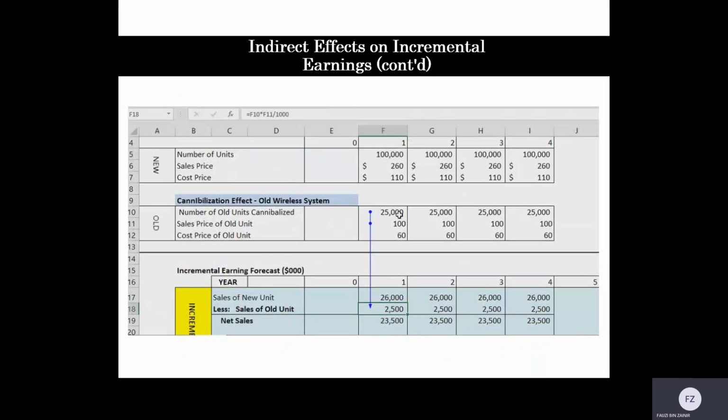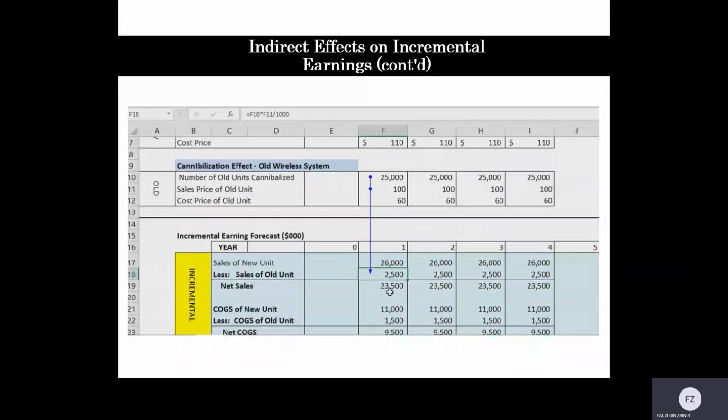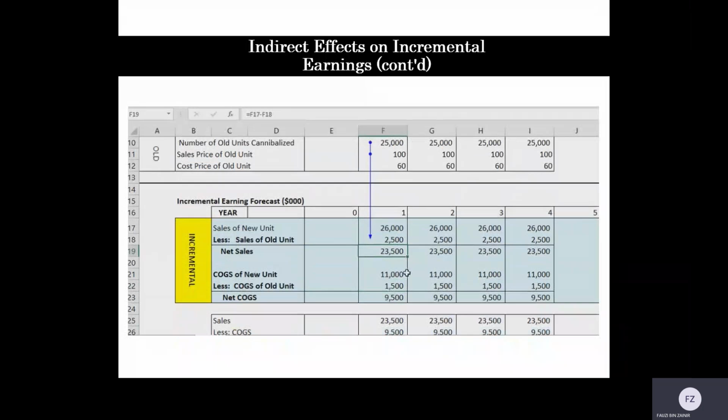The number we got here is from the 25,000 units being cannibalized times the sale price of the old unit, which is $100. So we are losing around 2.5 million, and the net impact on sales is around 23.5 million.